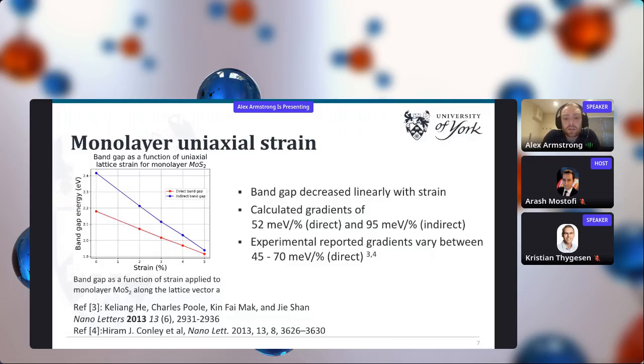Because this is the monolayer and it's a direct bandgap, this was the only transition that we could find data for experimentally. But this 52 meV per % strain fits comfortably within the range that has been experimentally reported.